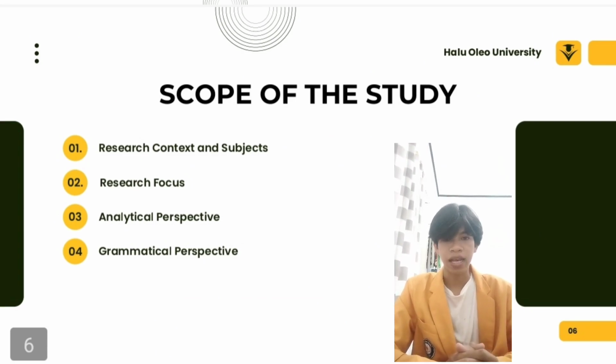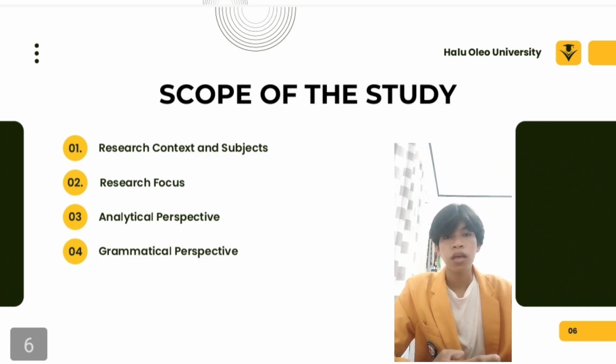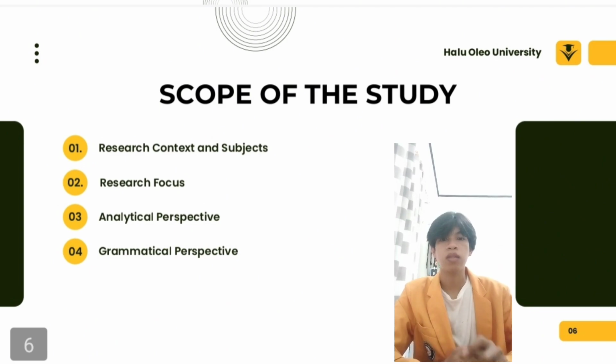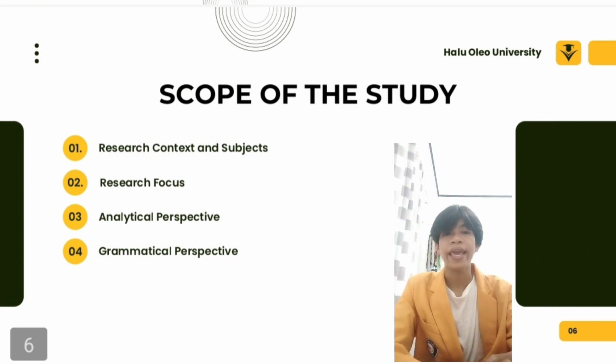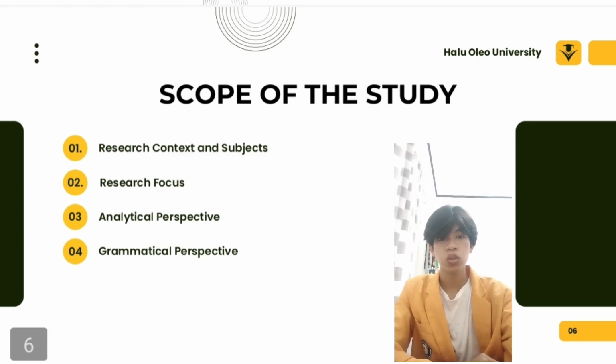On the next slide, I'm going to explain the scope of the study. Because the scope of the study is classified into 4 points, I'm going to explain all of them at once. In terms of scope, this research is limited to EFL students at Halu Oleo University, especially sixth semester students from the class of 2023.